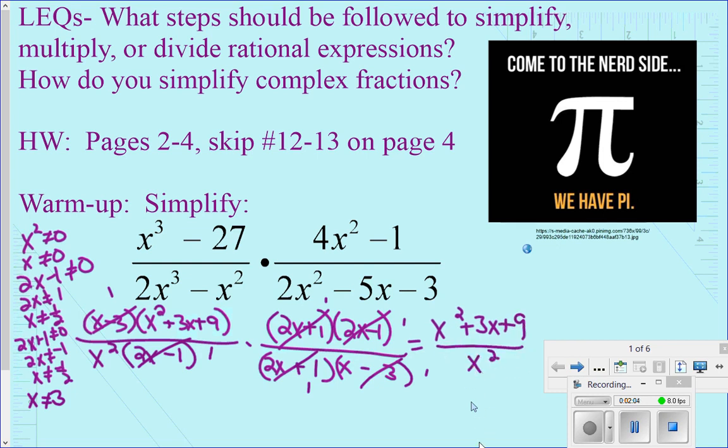Can't simplify that, remember, because it's not a common factor. And then just my domain restrictions after that. So x can't equal 0, plus or minus 1/2. What else did we say there? Or 3.